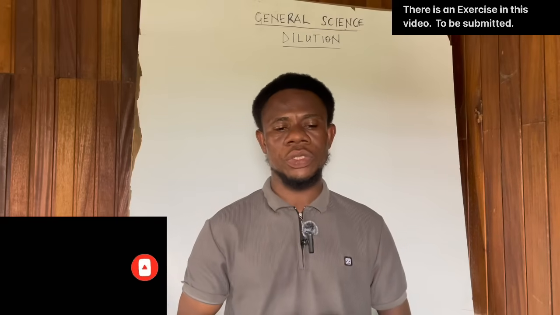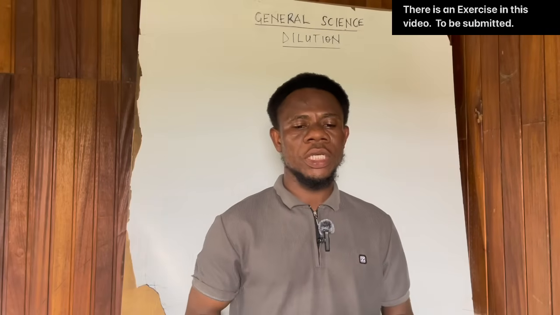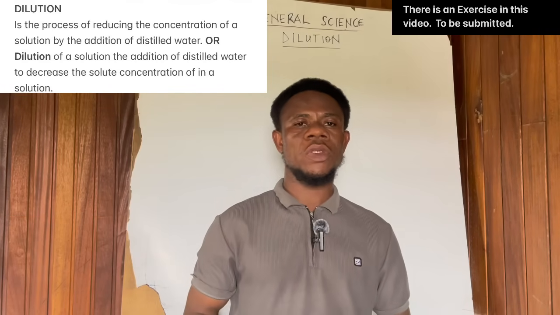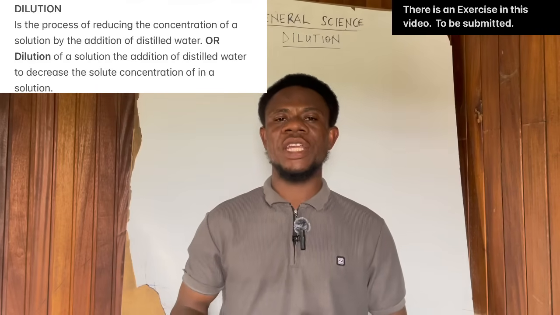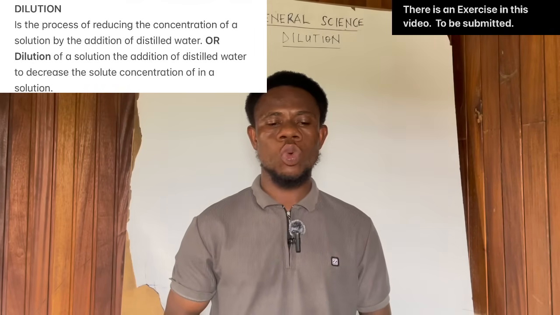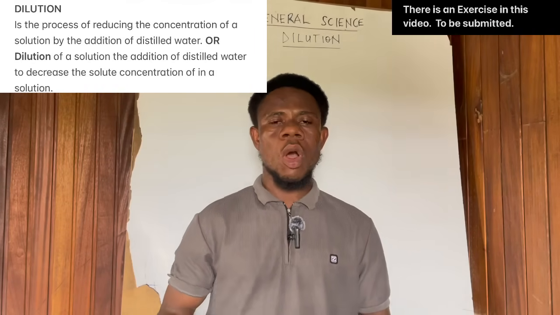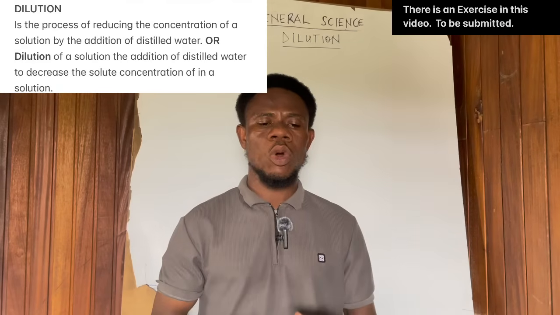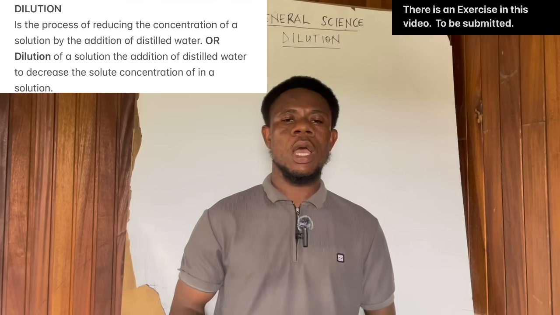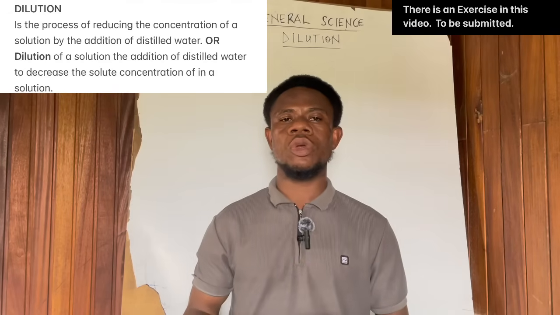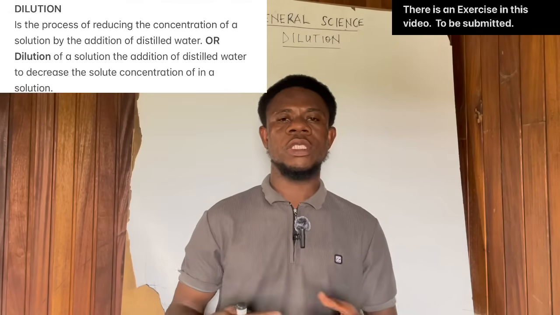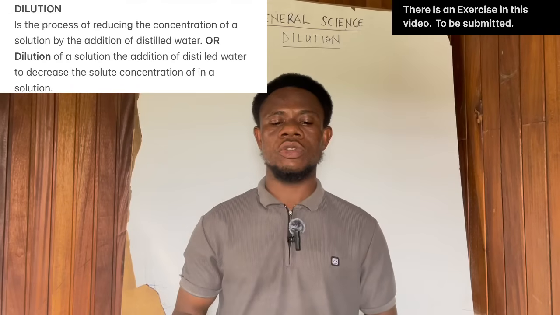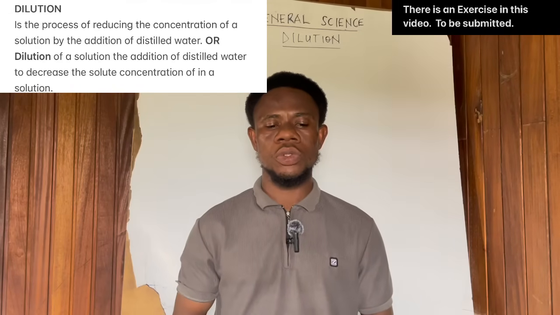What is dilution? Dilution is the process of reducing the concentration of a solution by the addition of distilled water. Or you can also define dilution as the addition of distilled water to decrease the solute concentration in the solution.